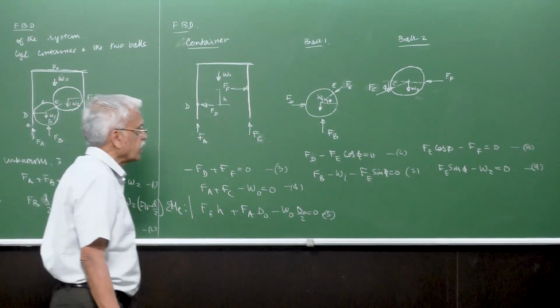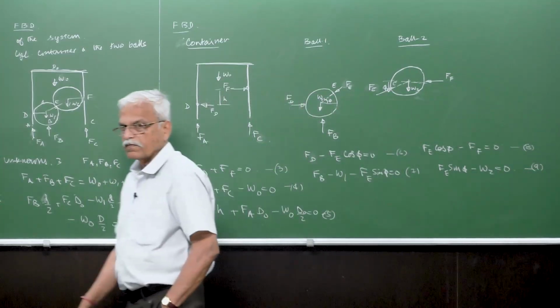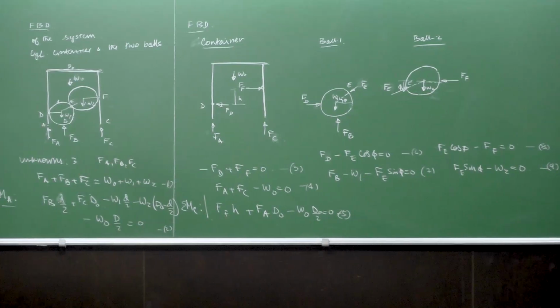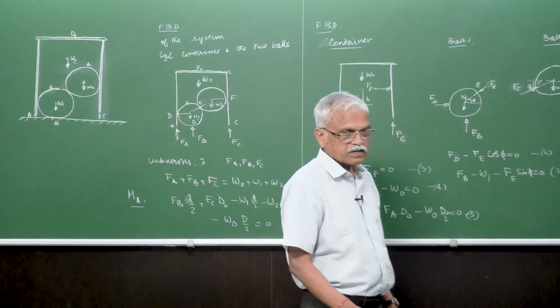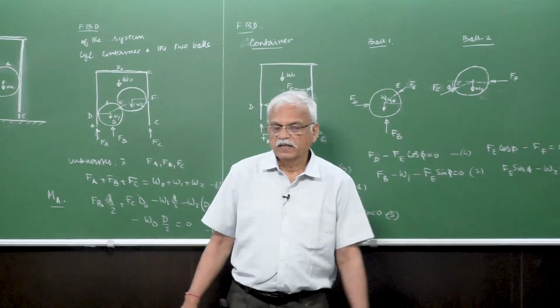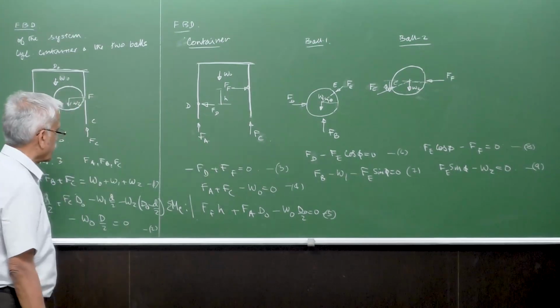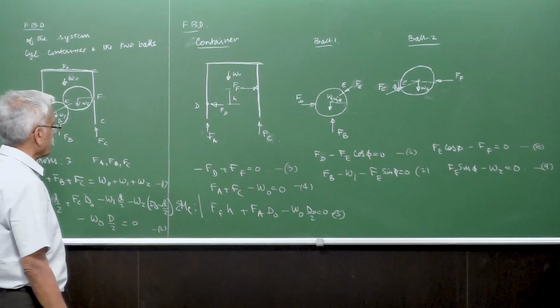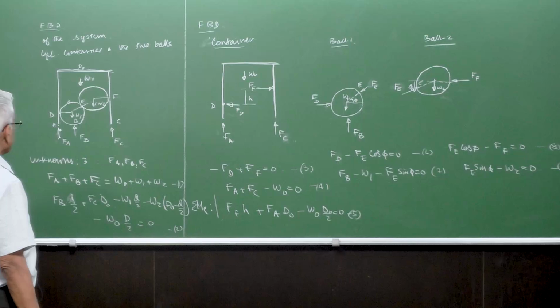Okay, so there are 9 equations, and from your understanding of the number of equations and number of unknowns, you very well know that in this kind of linear algebraic equations the number of equations should be equal to the number of unknowns. There are 9 equations which we have come across, and out of which how many unknowns are there?